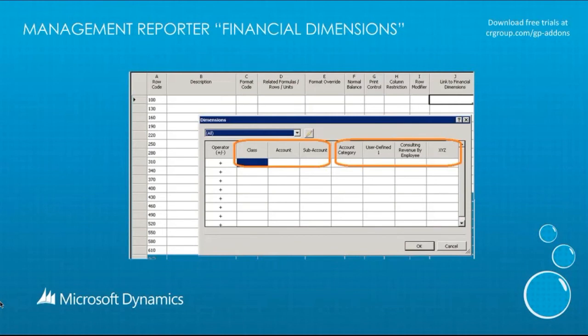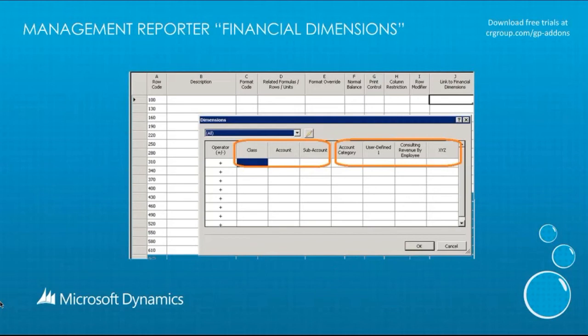And you'll see this stuff when you log into Management Reporter. Maybe this image is the best way to describe it, because what's here is a bunch of different dimensions. When we get to the reporting side, I've got multi-dimensional reporting: I've got a class, a category, an account, a sub-account.